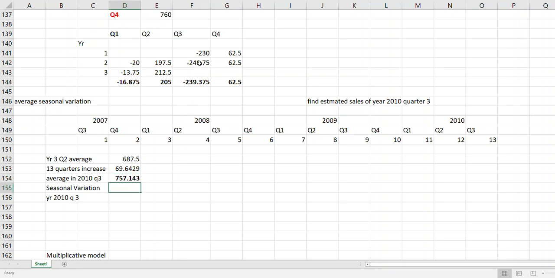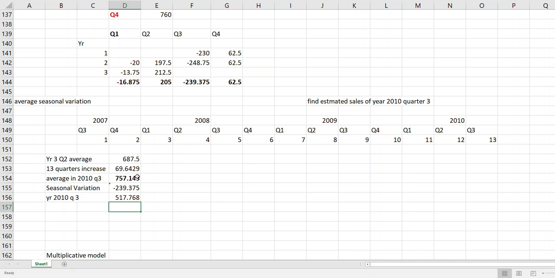Because seasonal variation in quarter 3 is going to be minus, that means that the data is going to be lower than the average. So we estimate that in quarter 3 of 2010, we will have 517.